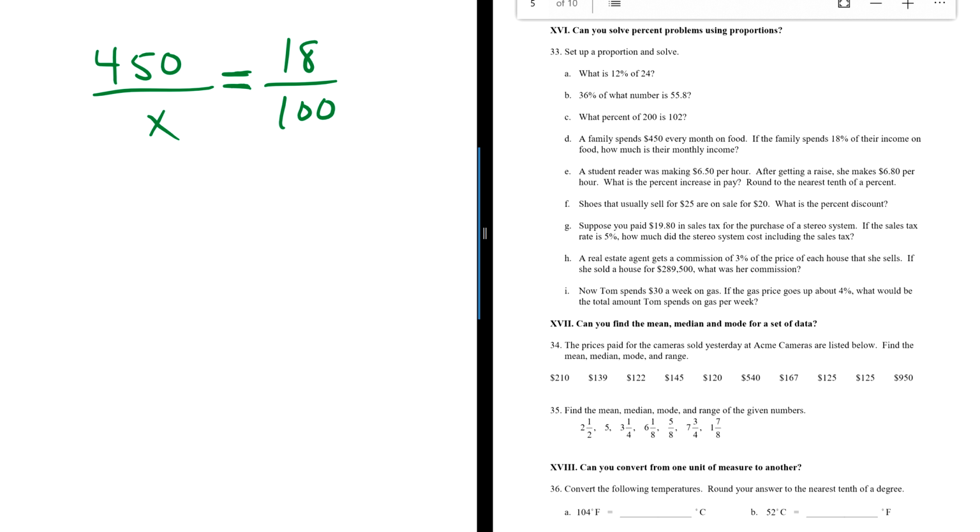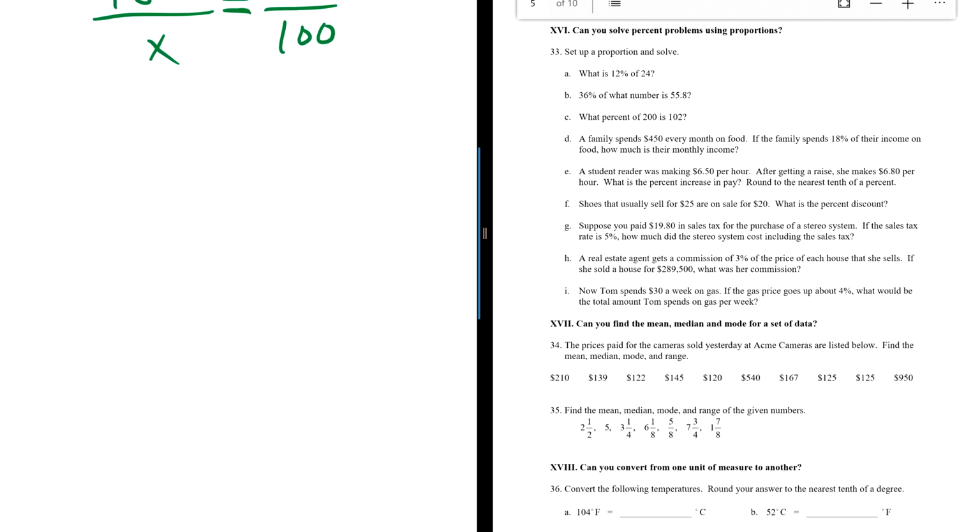So if I set it up this way, this is going to be of their income. You know, there's the word of in this problem. In the word of their income. And their income would be the denominator on the other side because it follows the word of. So yes, you could do it. So again, you get the same thing when you cross multiply and then divide.